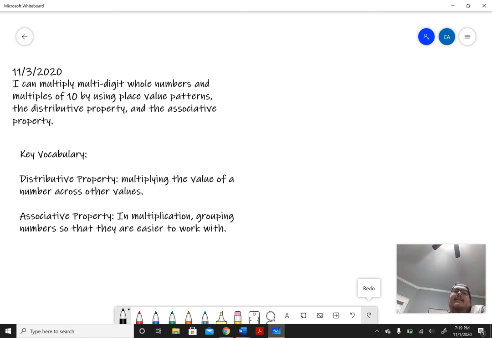Second thing we're going to see is the associative property. For our uses, we're going to use it primarily in multiplication. There are other versions of it that we can use in other operations, but today we're going to be thinking about multiplication, and it's when we group numbers together so that they're easier to work with, okay? So you do it in addition, right?